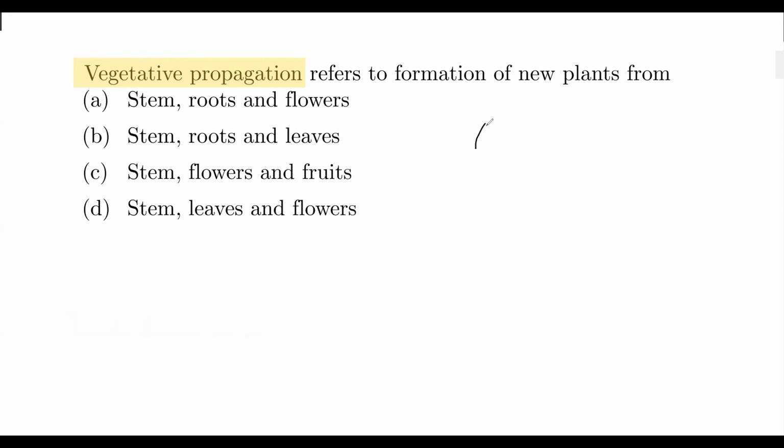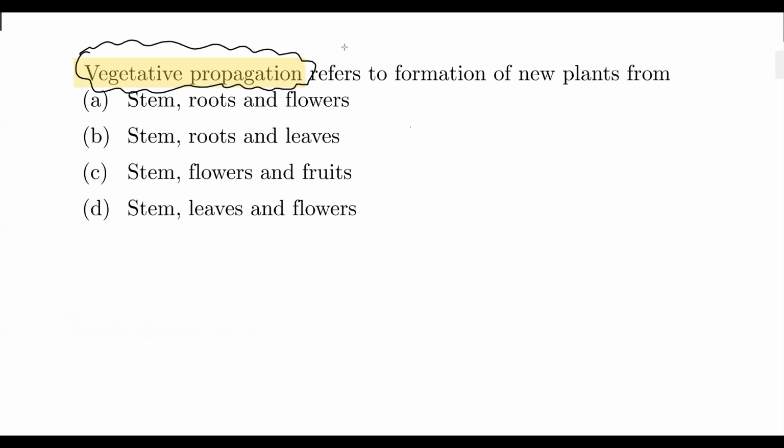Fruit, flower, and seeds are the reproductive parts of the plant. Other than that, root, stem, and leaf are called vegetative parts. So when a new plant is obtained from its vegetative parts, it's called vegetative propagation. As I said, it should not include fruit, flower, or seeds.